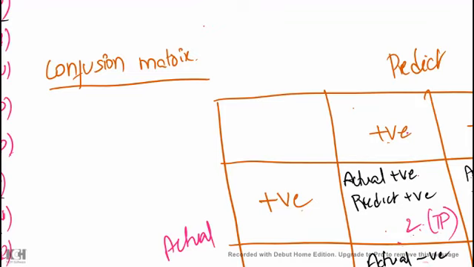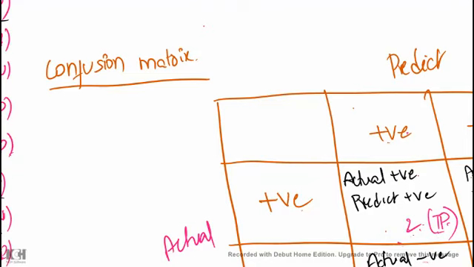Now coming to the recall of positive. What is the recall of positive formula? TP, the numerator is common. In the denominator, instead of TP plus FP, TP plus FN. TP divided by TP plus FN. This one is TN divided by TN plus FP.